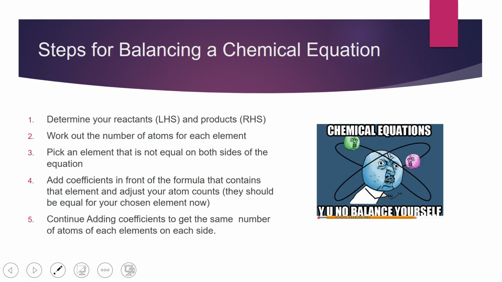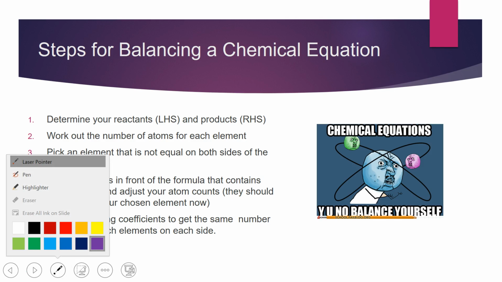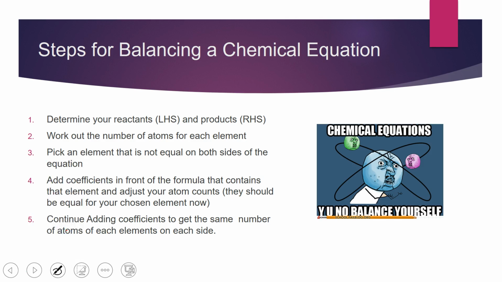Our steps for balancing our chemical equations: we need to determine what our reactants are and what our products are. In the case of our reactants, we may see terms being used like sodium is placed into water and a reaction occurs, in which case sodium and water would be our reactants.